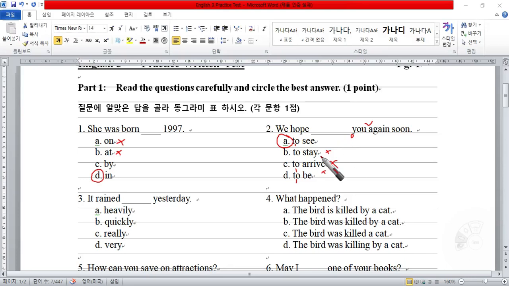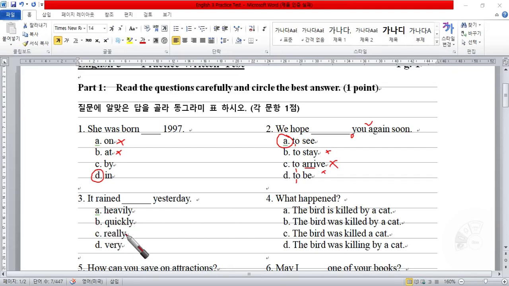So again, this would be incorrect, but the meaning is much the same. We hope to meet you again, hope to be in the same area. Often used with customers, but meaning hope that you visit us again. Answer for 2, A.